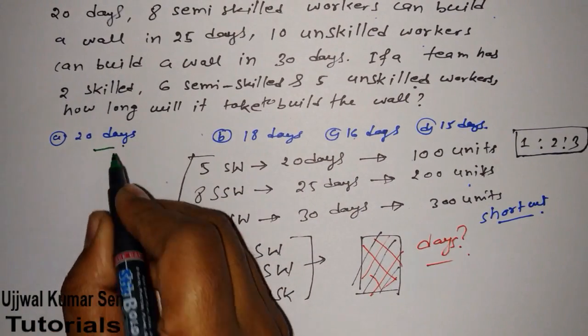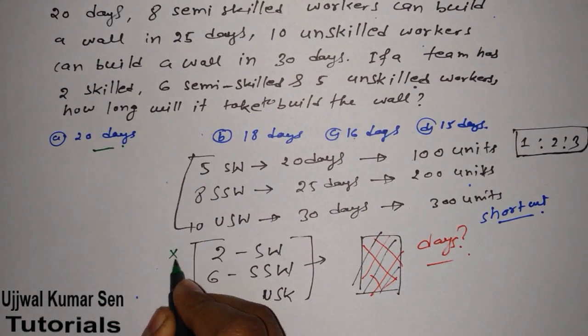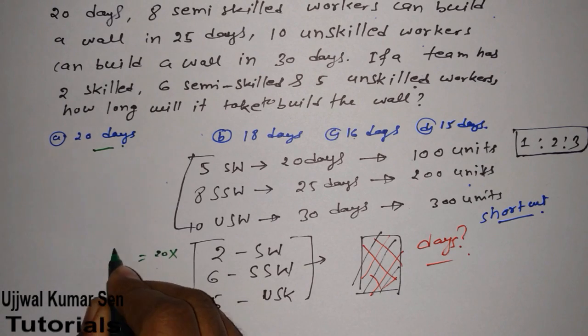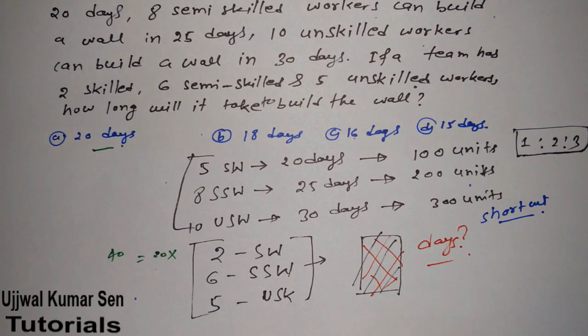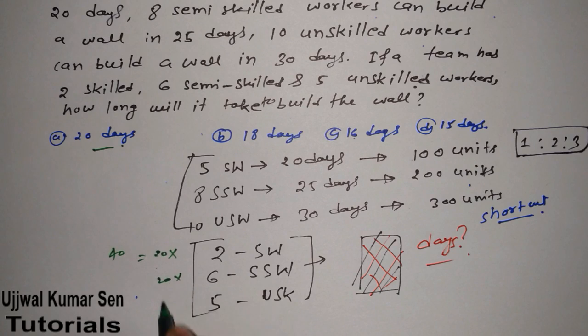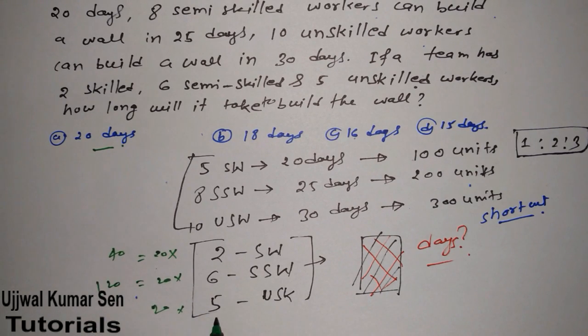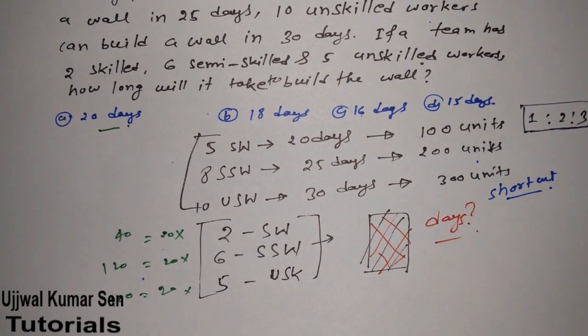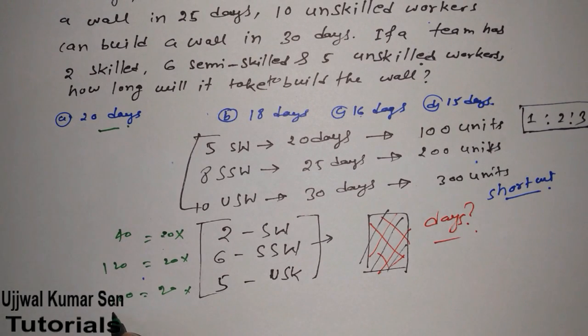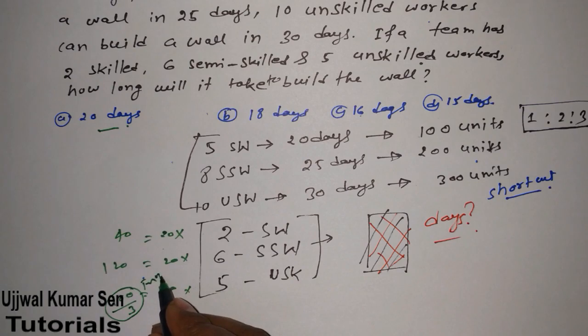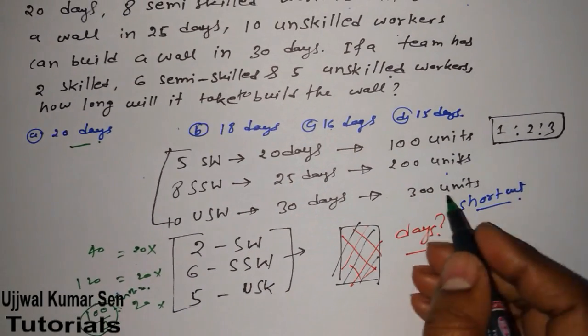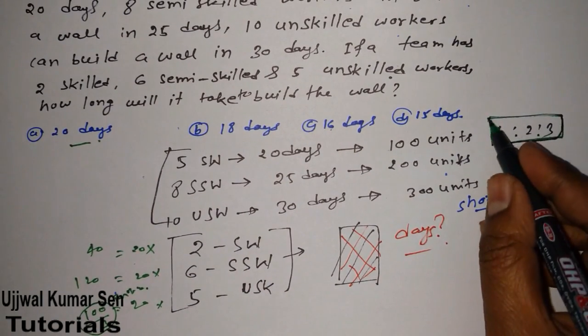So 20 days, 2 skilled workers. 20 into 2, how many? 40 work units. Multiply 20, it's 120. It's 100. Now here I can tell you that this is not the right option, because if I divide by 3, it will come in fraction, and there is nothing like fraction ratio here.